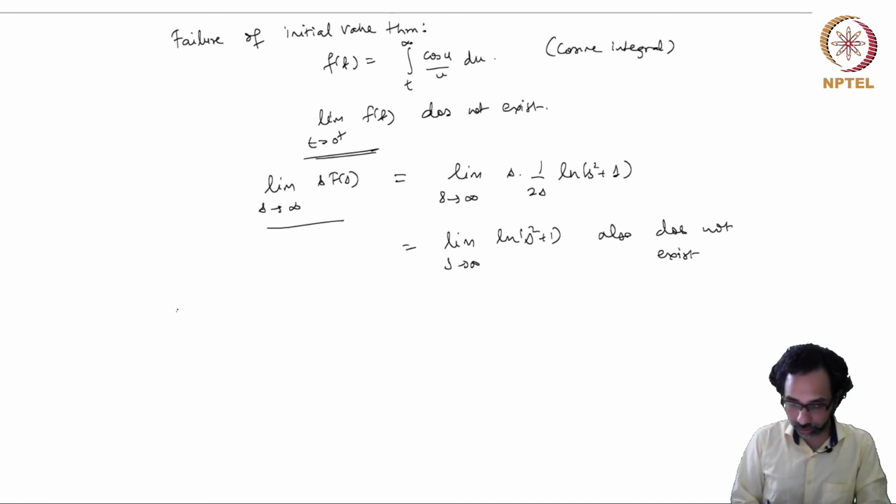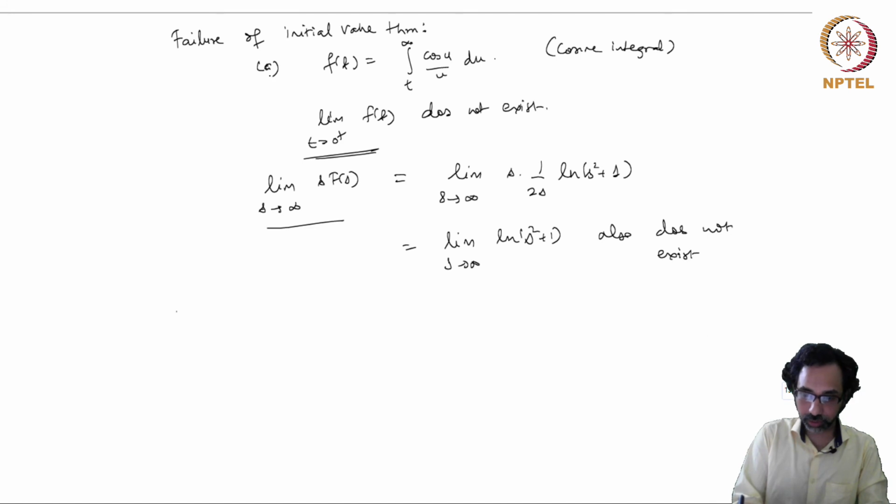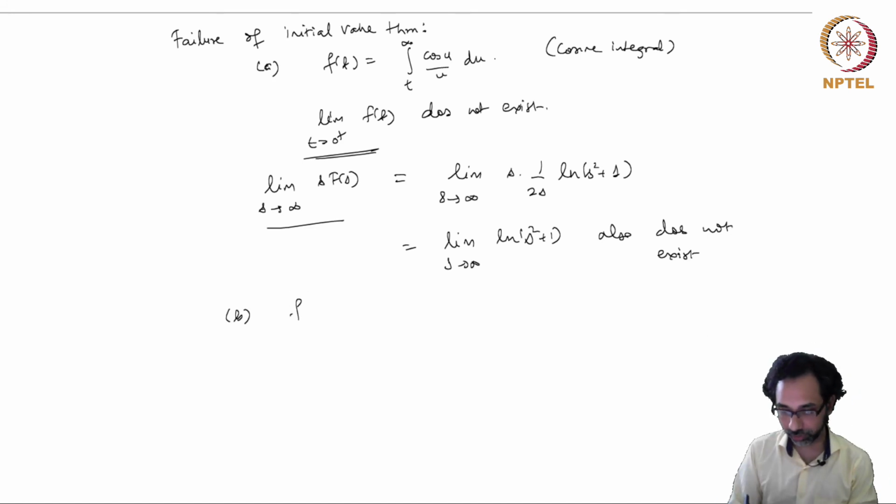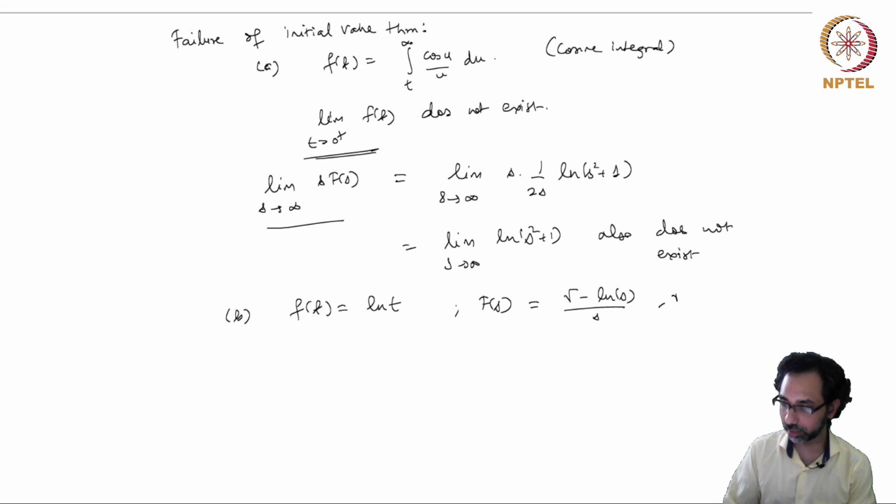Let's take the function f(t) to be log of t. Then we have seen that the Laplace transform is given by minus gamma minus ln s over s, where gamma is the Euler-Mascheroni constant.